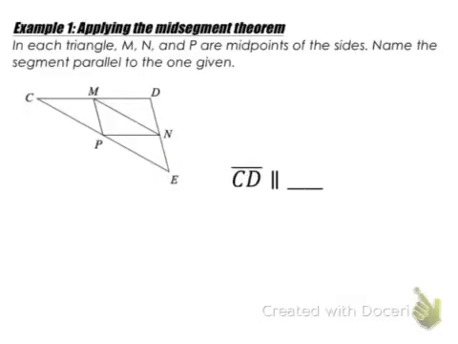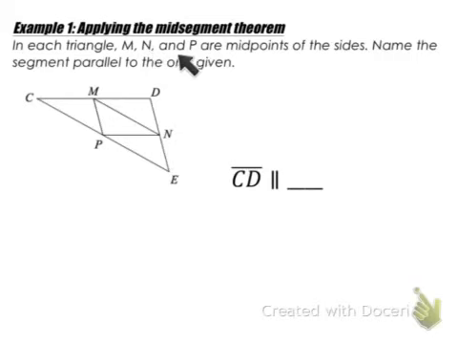In example 1 we're going to apply the midsegment theorem, and it says in each triangle M, N, and P are midpoints of the sides. Name the segment parallel to the given one. So CD is this side right here, and we have to find what segment is going to be parallel to CD.